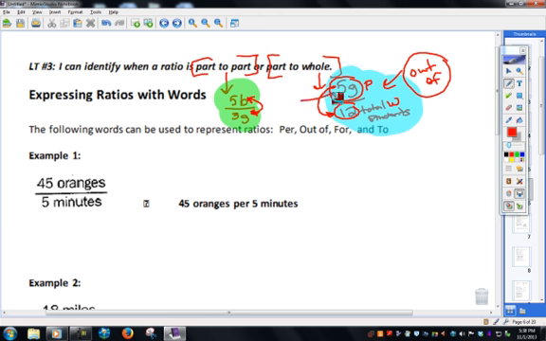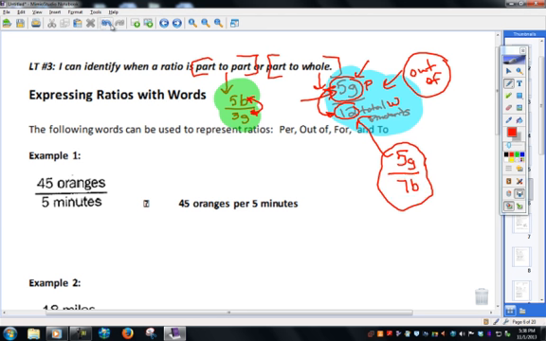But if I say those 5 girls are included in that 12 total students, that part to whole relationship also tells me the part to part ratio. I know there are 5 girls already, and if there are 12 total students, how many kids do I have left over? I have 7. They have to be boys. There's only boys or girls.